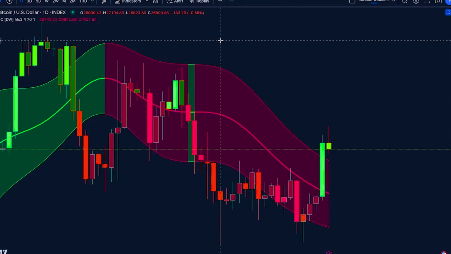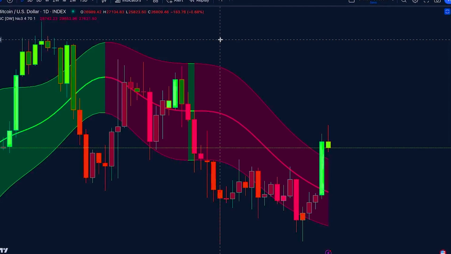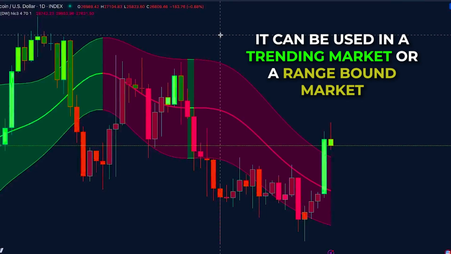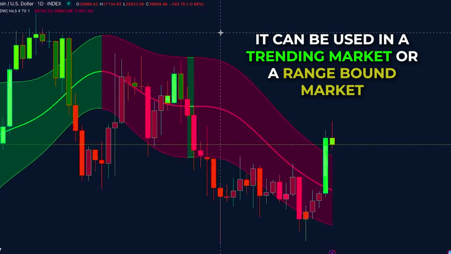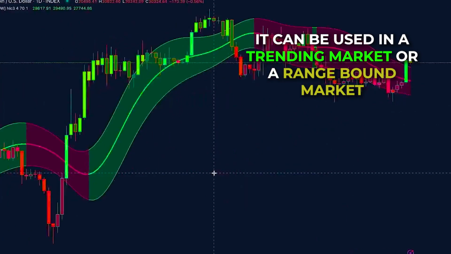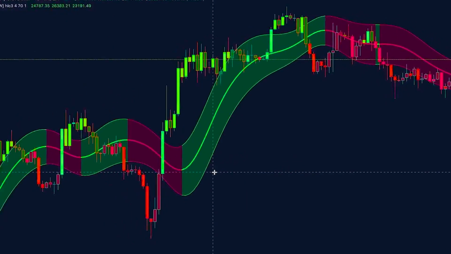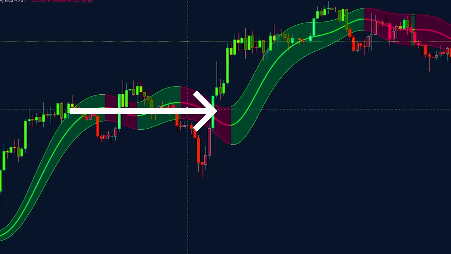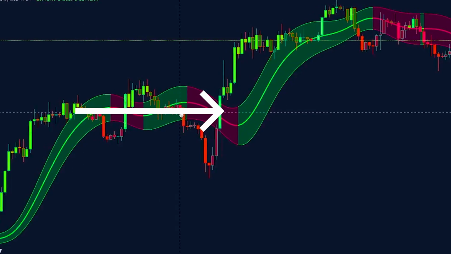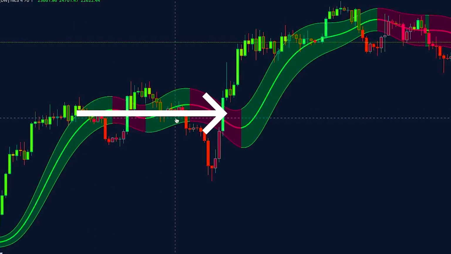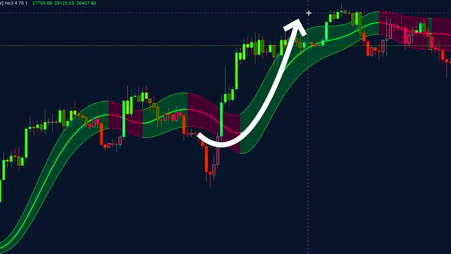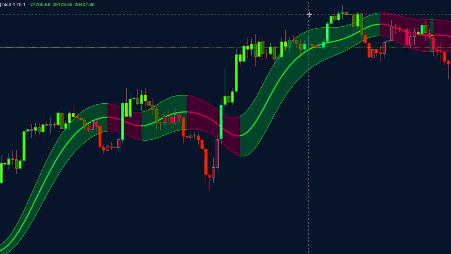The third thing for the pro of using the Gaussian channel is that it can be used in a trending market or a range-bound market. Now, simply put, a lot of markets are range-bound, where things are boring and they move sideways. Most indicators you can only use in a range-bound market. The second kind of market is a trending market, when price is either going up by a lot or down by a lot.